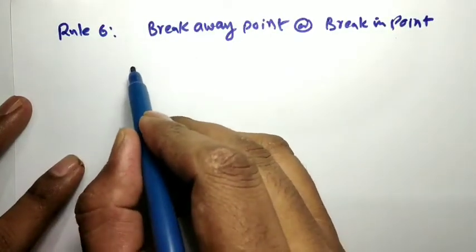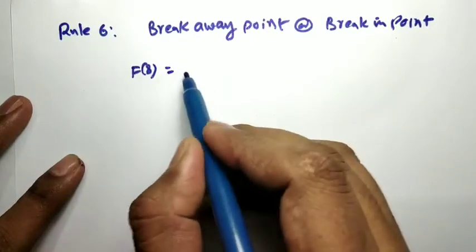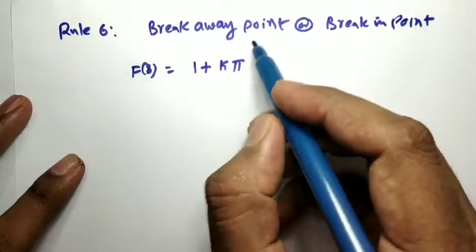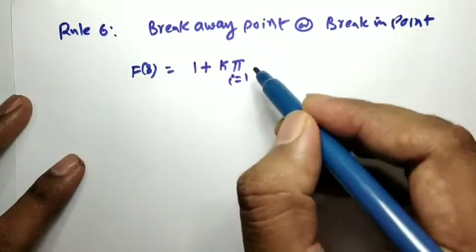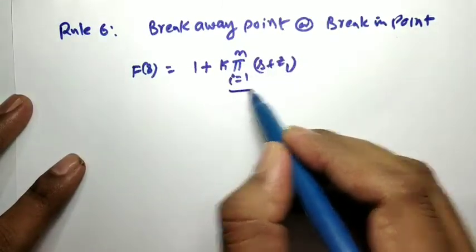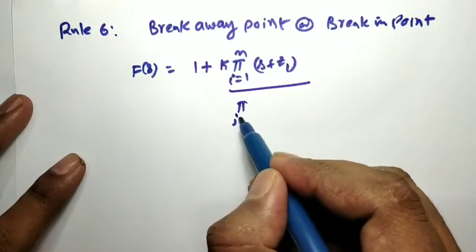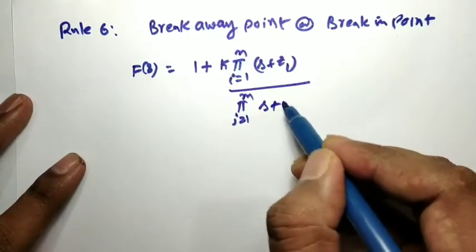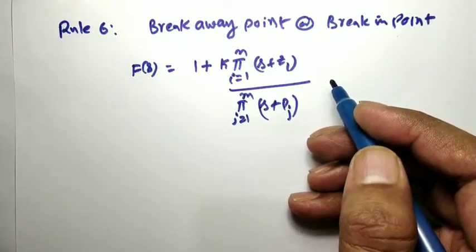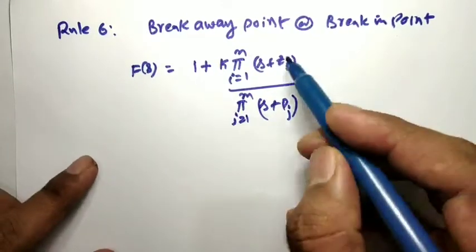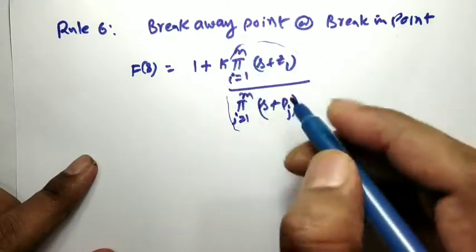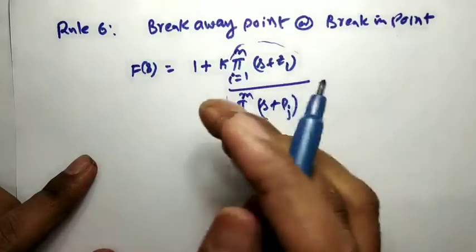F of s is equal to 1 plus K into the product over i equal to 1 to n of s plus zi, divided by the product over j equal to 1 to m of s plus pj. To find the breakaway point, this portion is G of s into H of s.